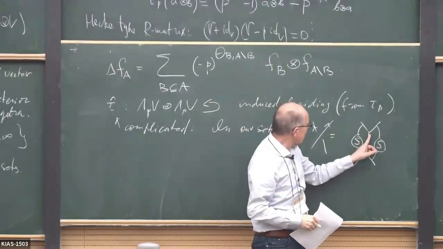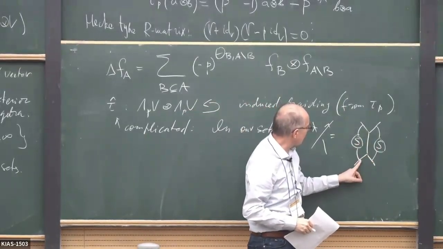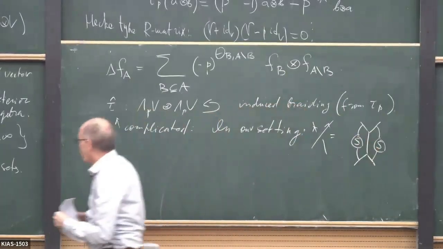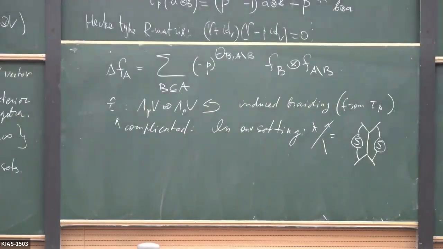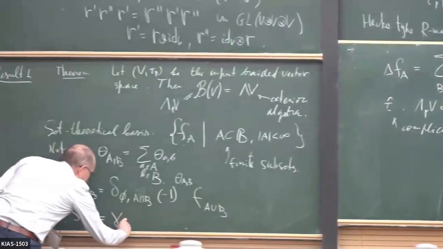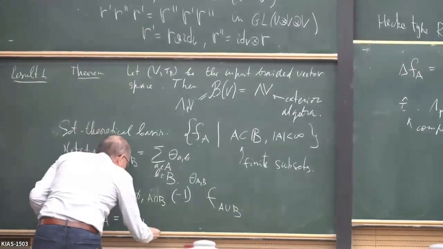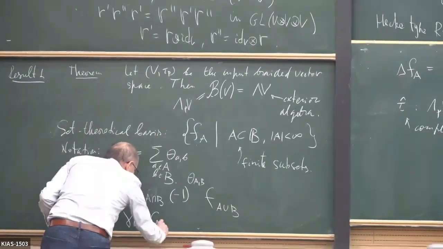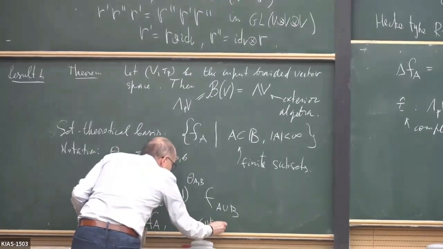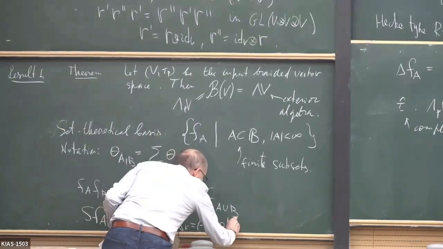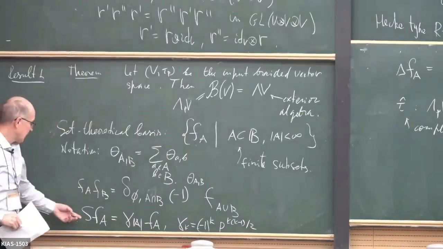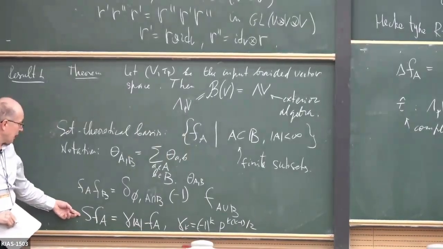So you see, this is the coproduct, this is the product, coproduct, and the antipode. So maybe I should add here how the antipode acts. On the basis, it is given by gamma size of A, F_A. So it acts diagonally, and gamma k is just (-1) power k, p power k(k-1)/2. So this is how the antipode acts.